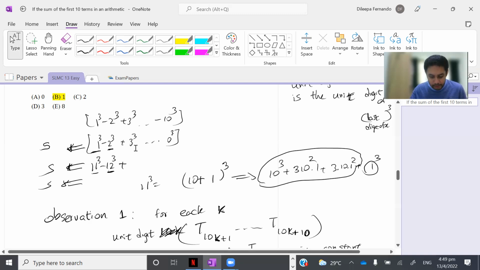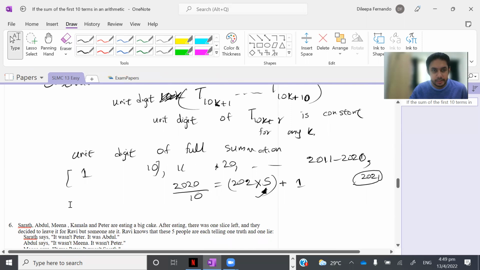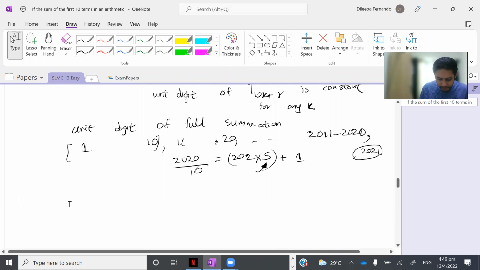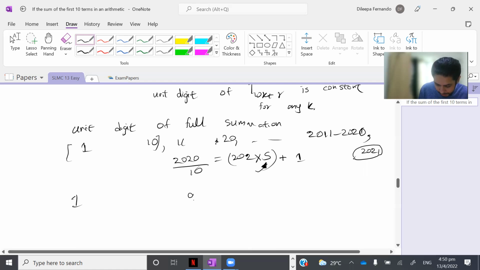So now let's see what we can do. If you observe very carefully, you can see that any of these summations can be grouped. You can see 1 and 9 can be grouped.